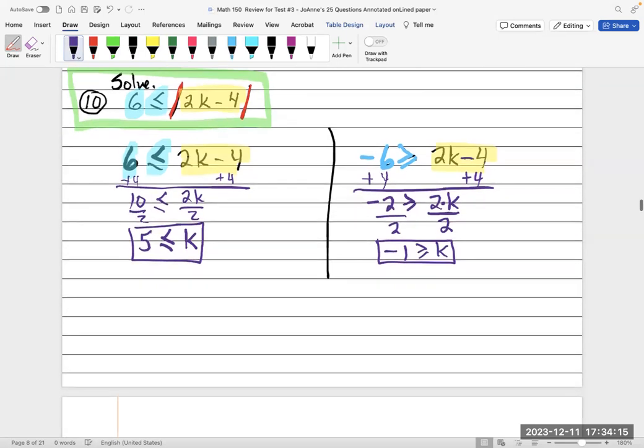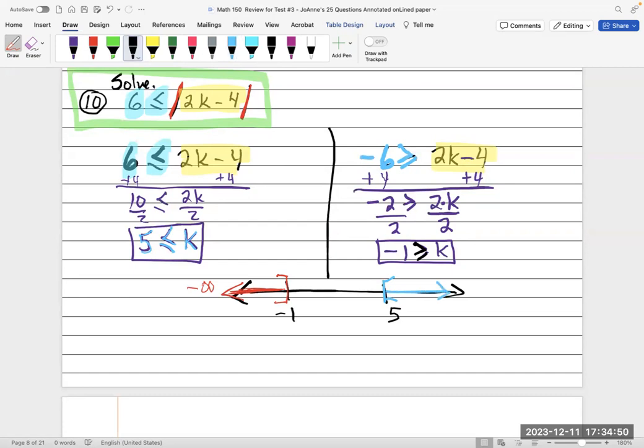I really prefer to graph these. So I've got something going on at negative 1, something going on at 5. K is less than or equal to negative 1. Less than or equal to negative 1, smaller than negative 1 goes to the left. K is bigger than, or 5 is smaller than or equal to, or K is bigger than 5. So that would be all of these numbers.